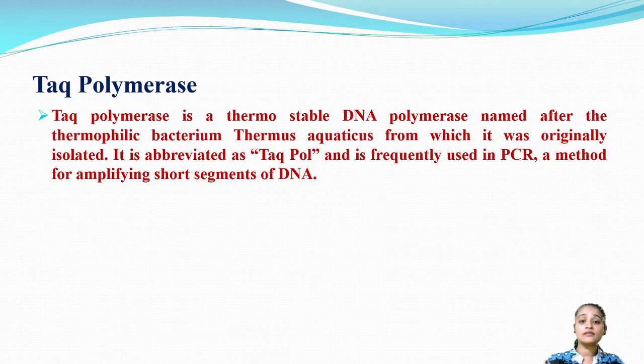What is Taq polymerase? Taq polymerase is a thermostable DNA polymerase named after the thermophilic bacterium Thermus aquaticus, from which it was originally isolated. It is abbreviated as Taq pol and is frequently used in PCR, a method for amplifying short segments of DNA.